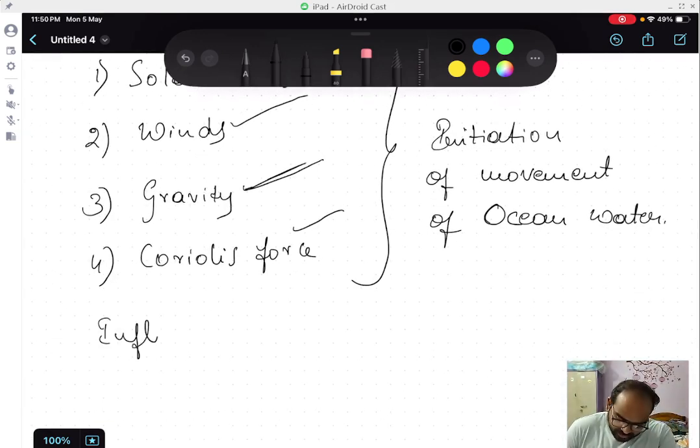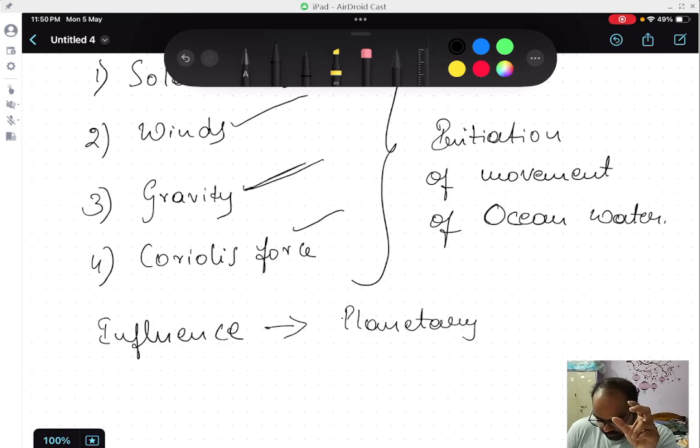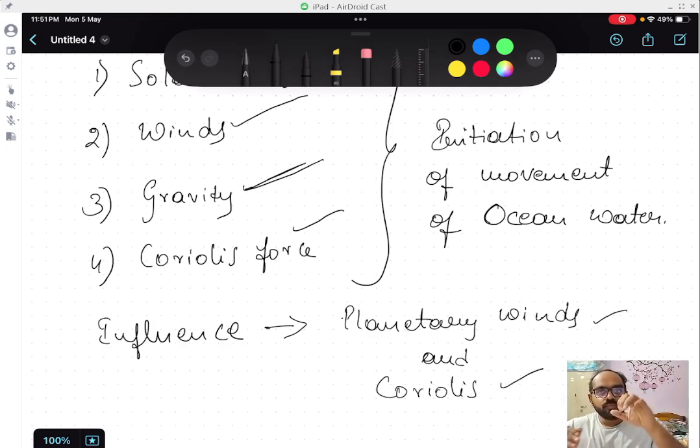Once the movement is initiated, that is, the oceanic water starts moving, the movement is then influenced by planetary winds and Coriolis force.